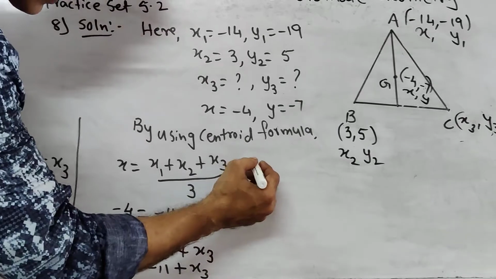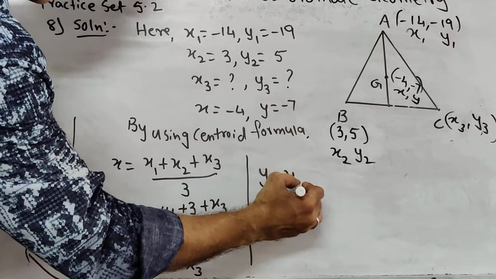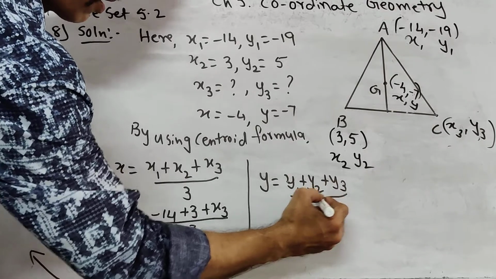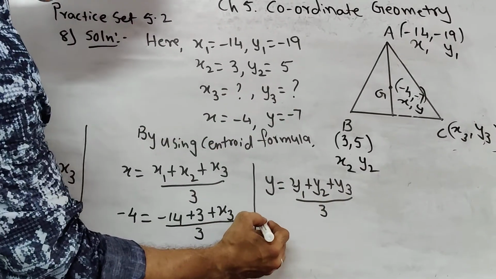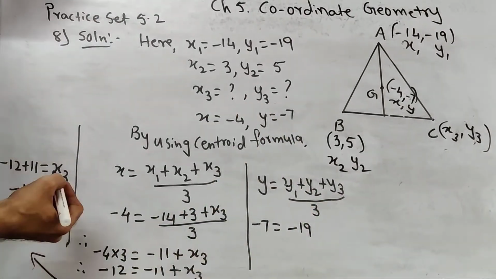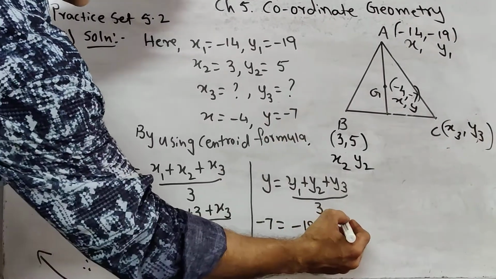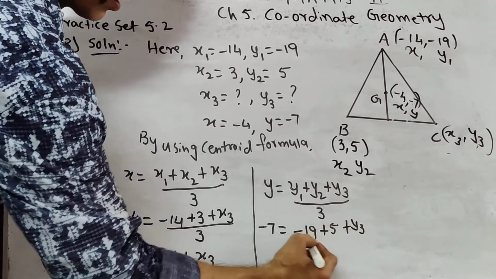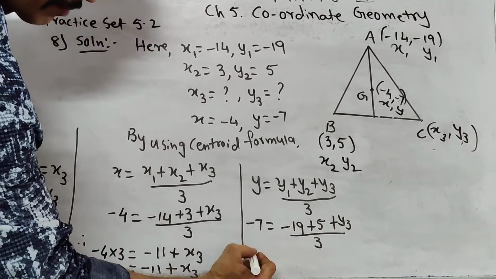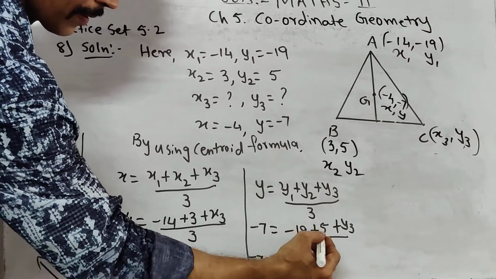Okay, now we have to find out y also. Okay, so y is equal to y1 plus y2 plus y3 upon 3. So your y is minus 7, y1 is minus 19, okay, y2 is plus 5, y3 you don't know, upon 3. 3 will come up, it will be multiplied, minus 7 into 3 is equal to minus plus minus.